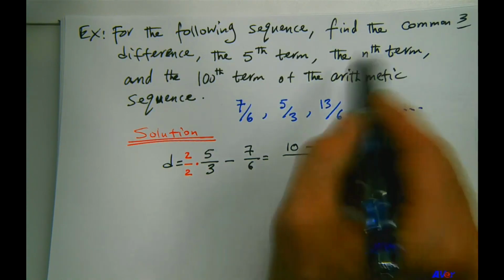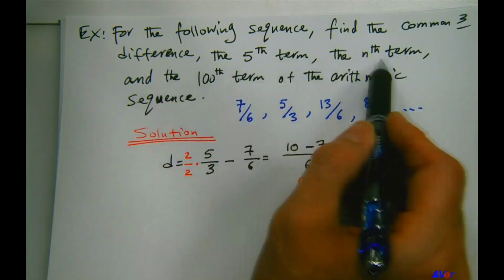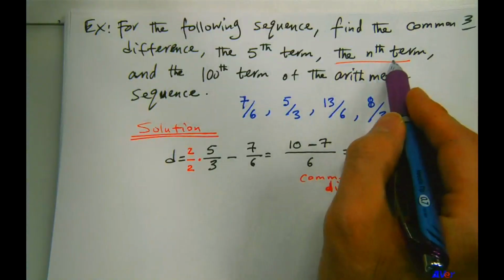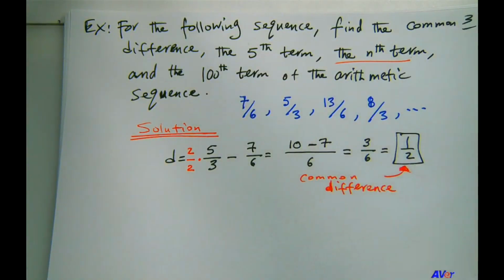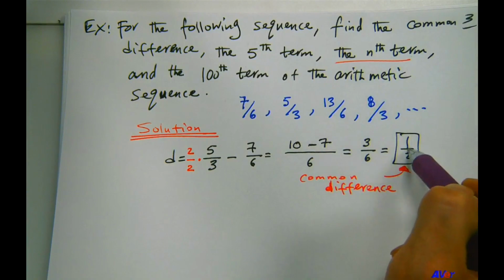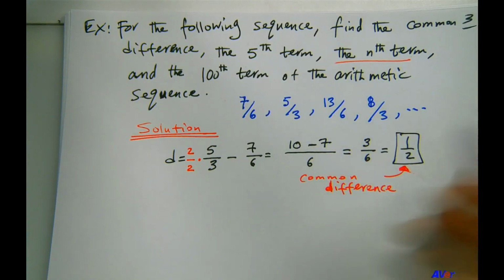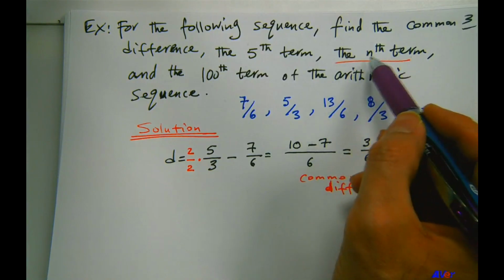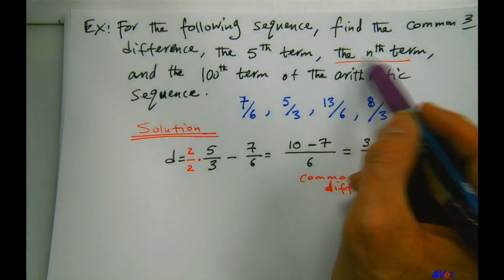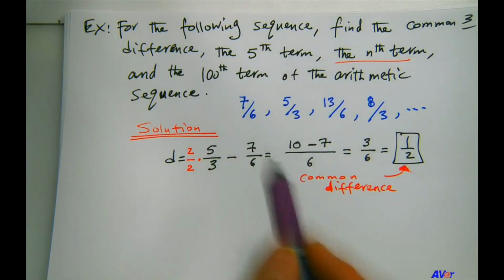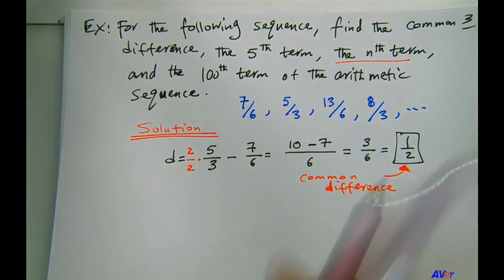Or we can find the nth term, which we're asked to find, and then use that to find the fifth term. Certainly we know how to add these two and get the fifth term, right? But let's find the nth term of this sequence, and then we'll use that formula to find the fifth term. Let's do that.